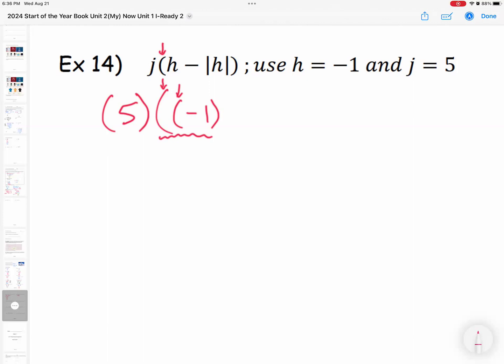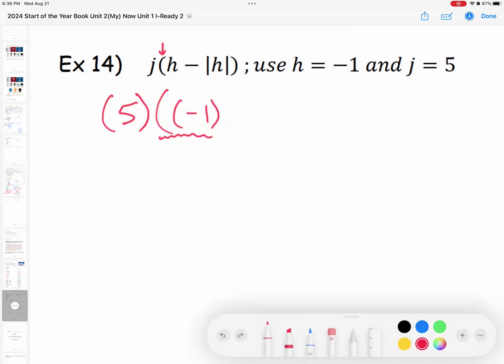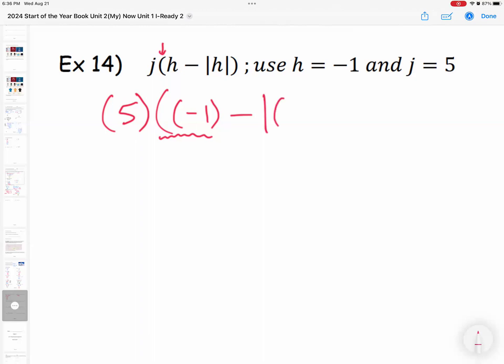Okay, they're their own parentheses that will matter as you progress in high school math. So then we end up with minus absolute value of h is -1. And then close parentheses. So again, first step, just dumping the values in.